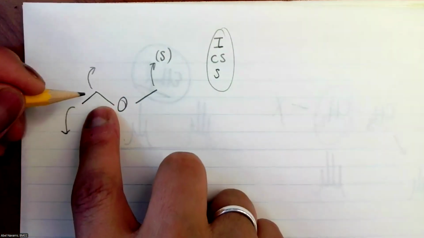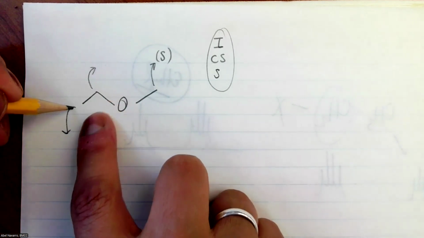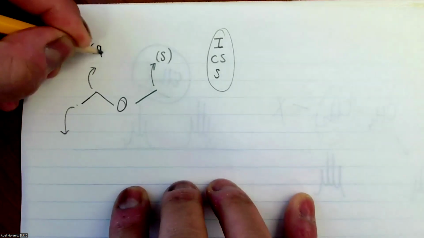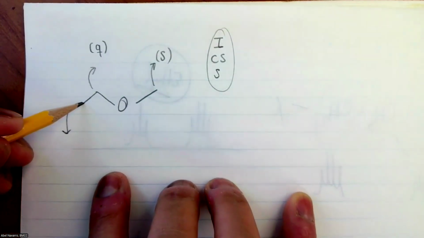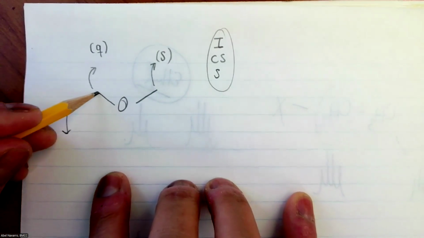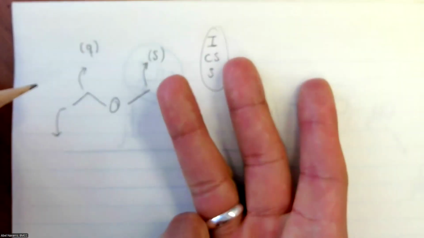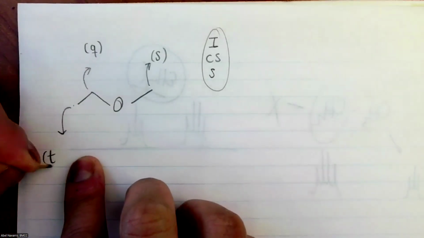This guy is a CH2 next to a CH3. 3 plus 1, 4. This is going to be a quartet. This one is a CH3 next to a CH2. 2 plus 1, 3, it's going to be a triplet.